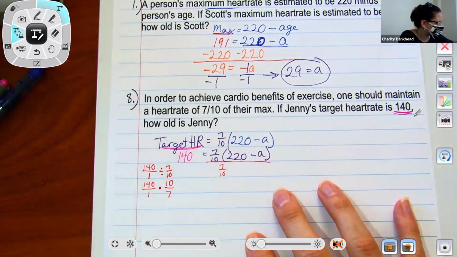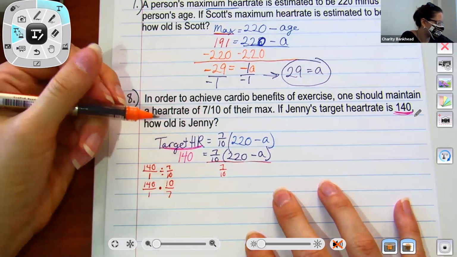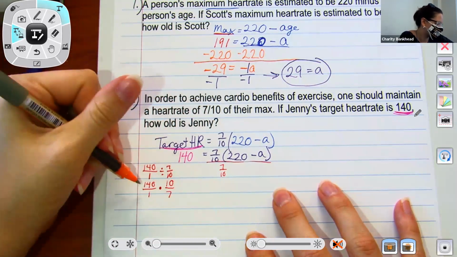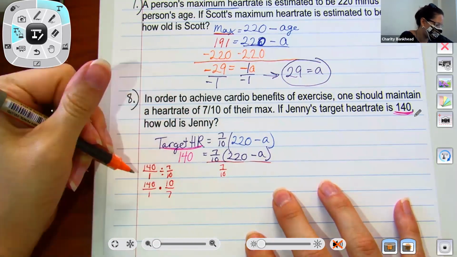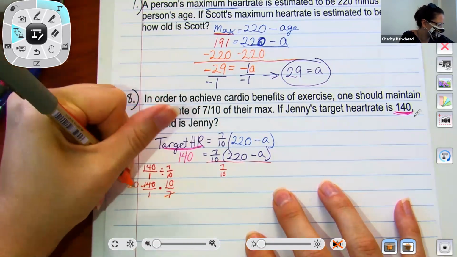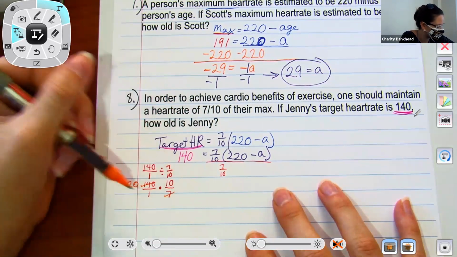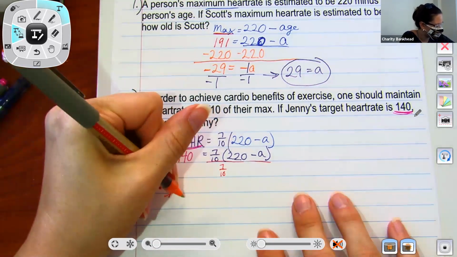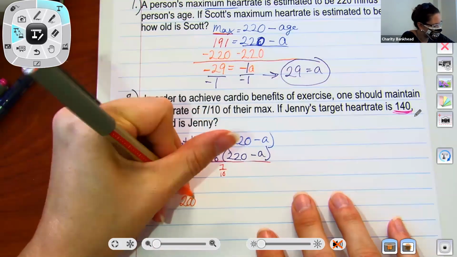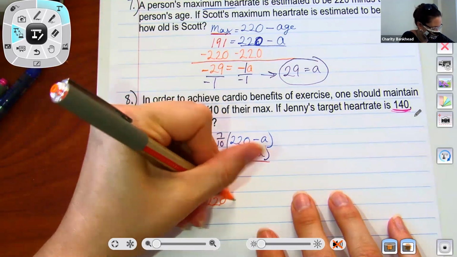So how many times can 7 go into 140? Well, 7 can go into 14 2 times, so 7 can go into 140 20 times. And then I just need to multiply 20 times 10, which would be 200. So this would end up as 200 equals 220 minus A.